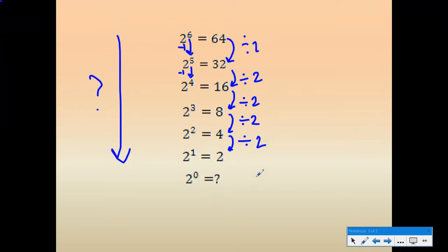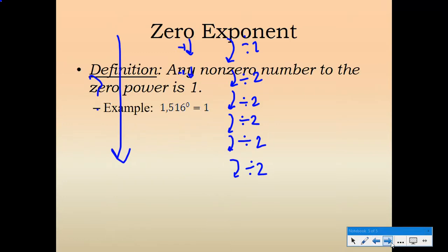So 2 to the 0 power has to follow that same pattern on the right-hand side. You're not all of a sudden just going to randomly put 0 here, because 2 divided by 2 is not 0. 2 divided by 2 is 1. So 2 to the 0 power is 1, which leads us to our next exponent law.